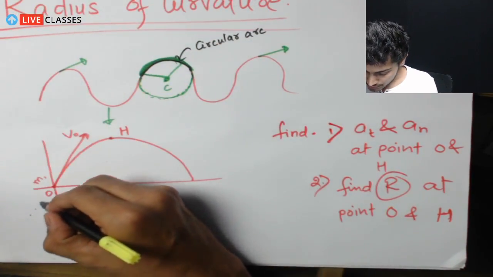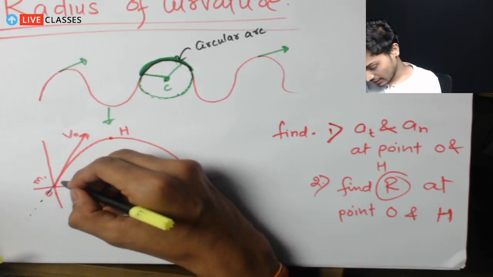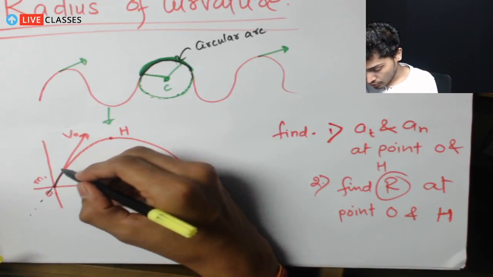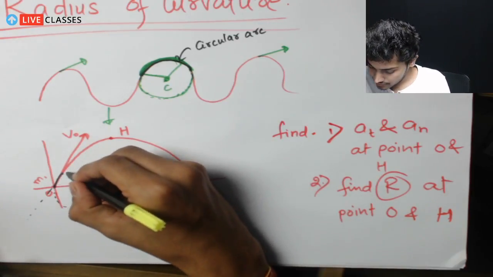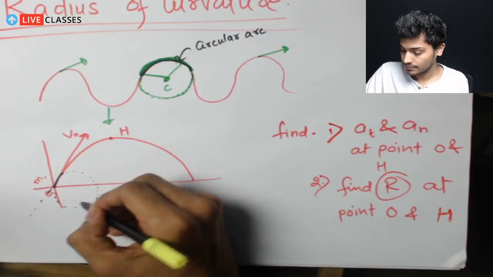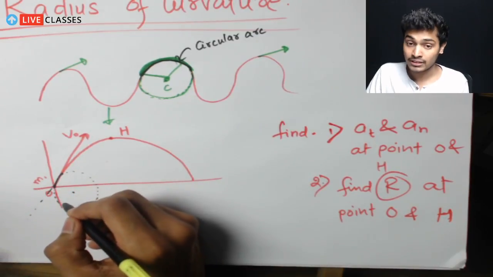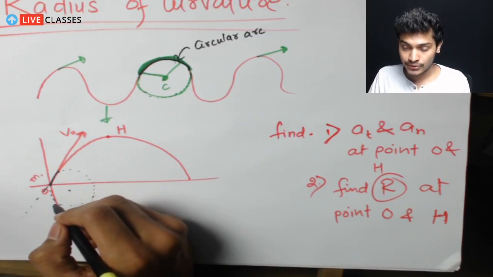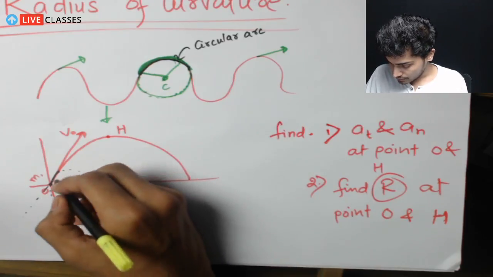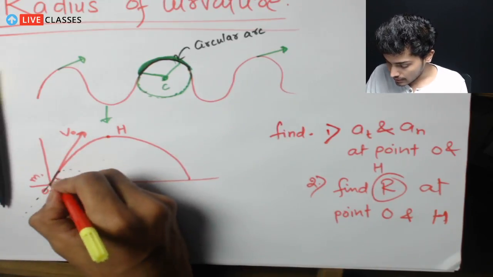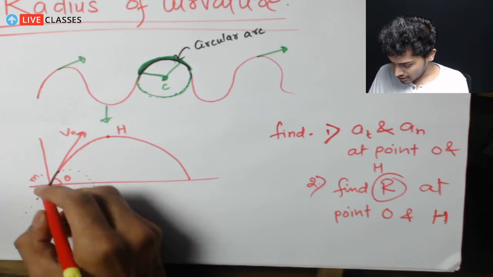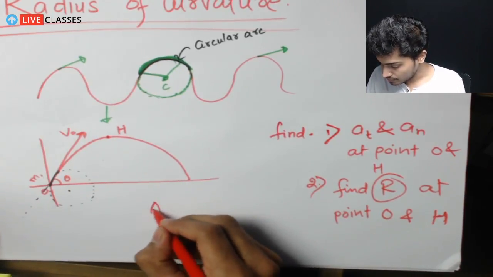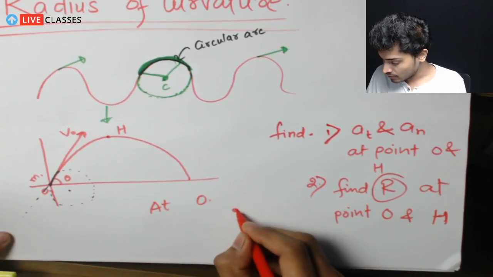At point O, it is also a part of a circular segment. Then here also some circle will be there, and the radius of that circle will be known as our radius of curvature. Here we also have some angle theta, as it is projected at some angle theta. Now let's draw the FBD at point O. What will be the FBD of the particle?